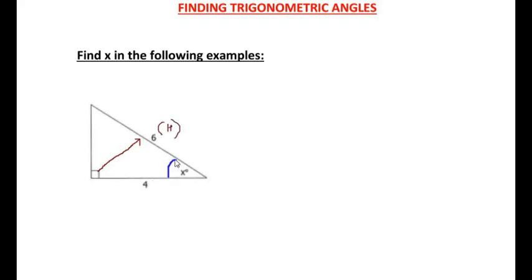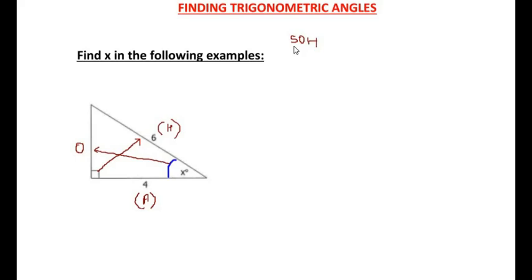Now x is the angle of concern, and the side opposite to it is the opposite, and the other one is the adjacent. To find the angle of concern, x, look at the sides which are given in the triangle. Here they have given the adjacent and the hypotenuse. So let us first see if we can use the sine.